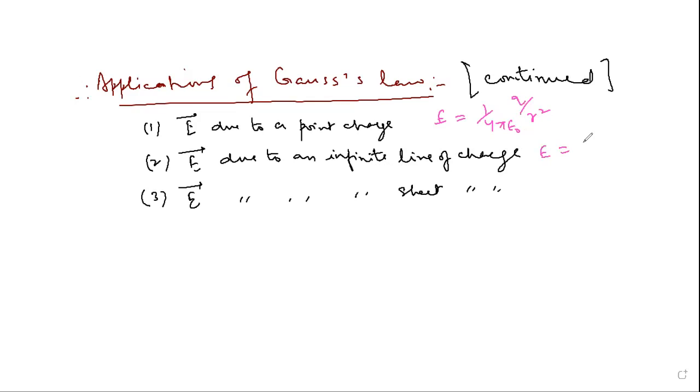Here the expression was lambda by 2 pi epsilon naught r, and here the expression was sigma by 2 epsilon naught, right? Now we have fourth application.